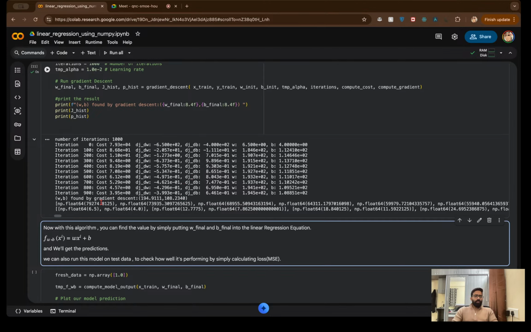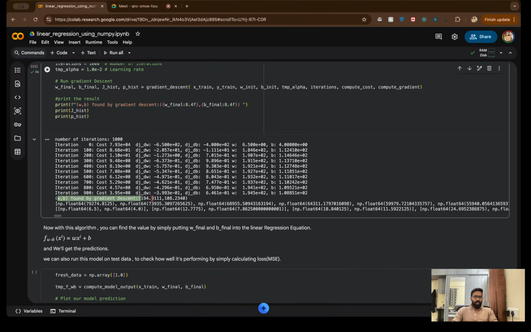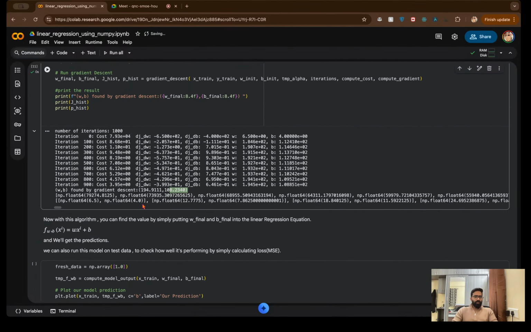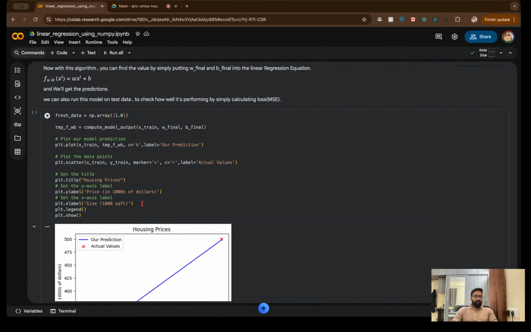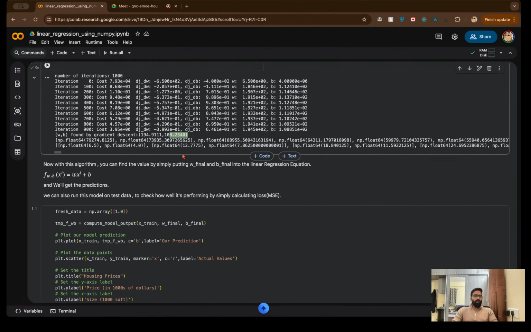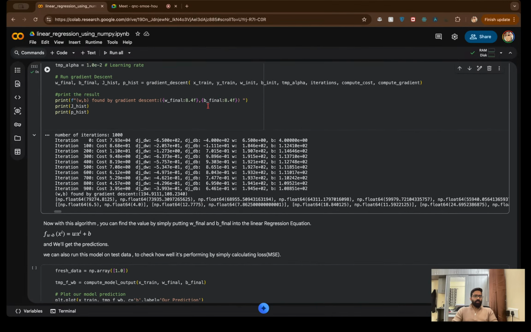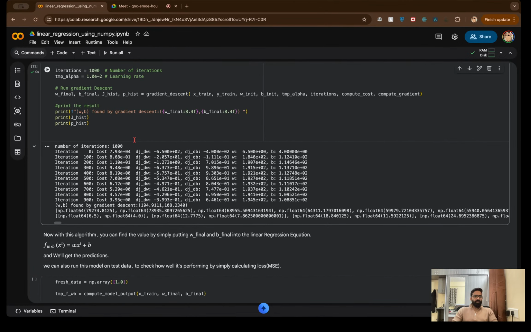See, gradient descent has found the values of 194 and 088. It has found the values of W and B automatically. If you can see, initially the loss is very high. On the 0th iteration, the cost is very high.